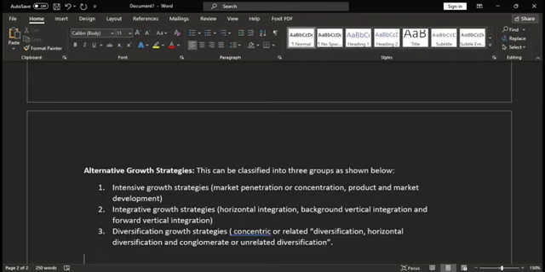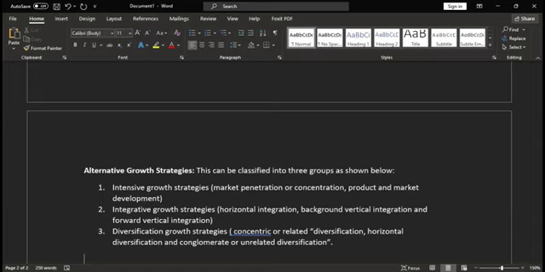The alternative growth strategies can be classified into three groups: intensive growth strategies, integrative growth strategies, and diversification growth strategies. As has been explained briefly, the intensive covers product development and market penetration or concentration.